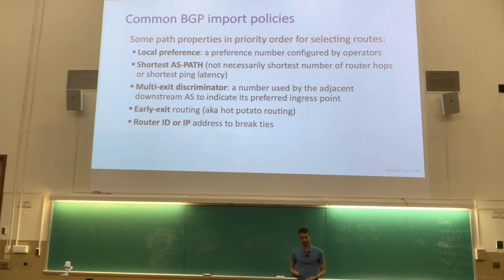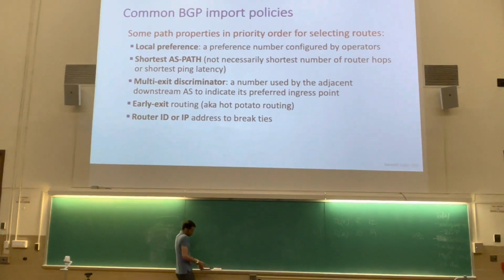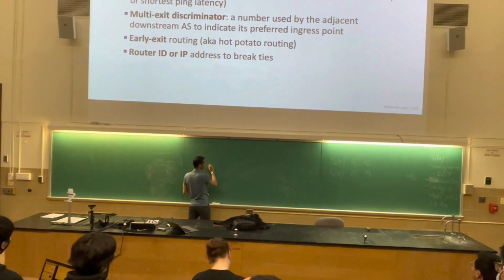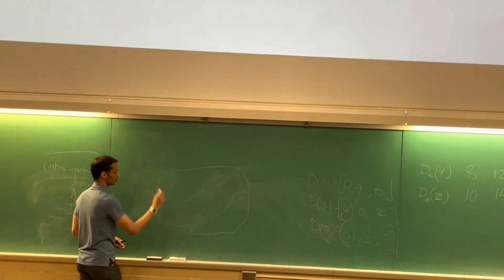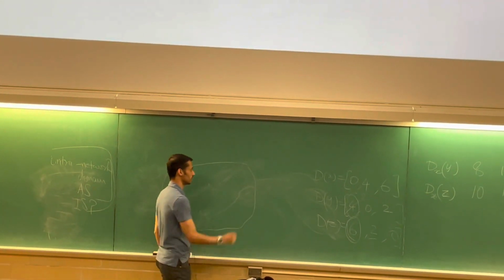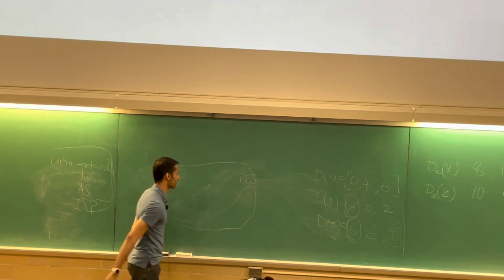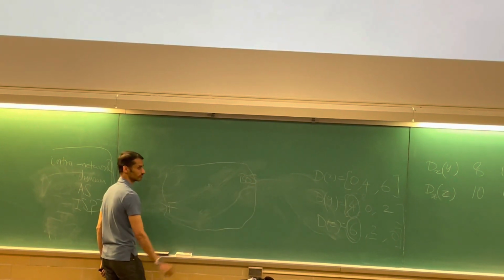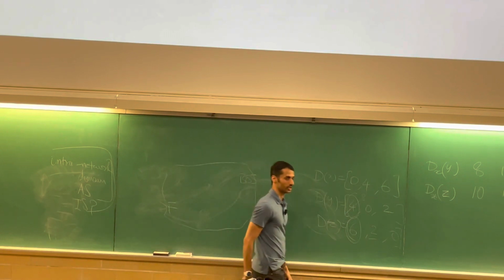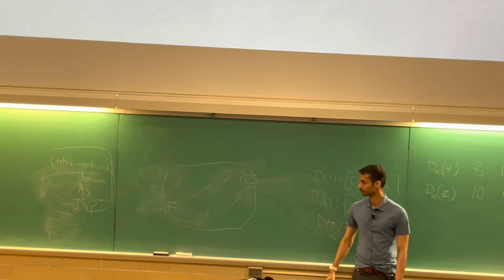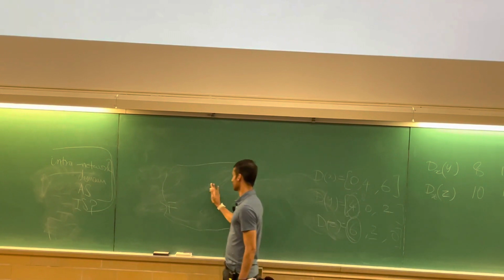This is not the exhaustive list of all preferences. There are some very common ones, in order of priority. After these comes one called multi-exit discriminator. Multi-exit discriminator is one AS telling another AS through which next hop it should send traffic. Let's say Sprint and AT&T peer in Boston and in SF, so they have routers that speak EBGP in two cities, Boston and San Francisco.